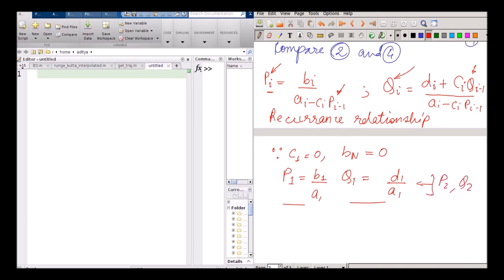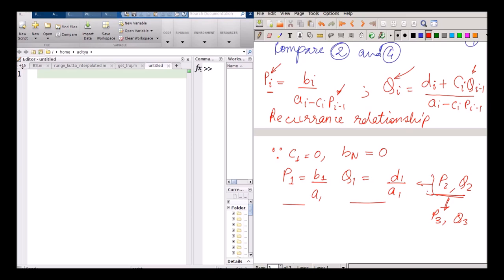Once P2, Q2 are known, I can use the recurrence relationship to find P3 and Q3 and so on. So once P1, Q1 are known, using this equation, I can rapidly go on increasing the I up until n and find out Pn and Qn.